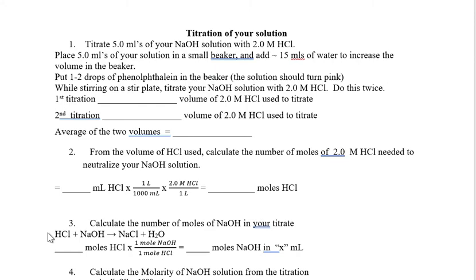All right, so just for an idea of a sample calculation, let's say that it turned out to be 19 mils exactly. And keep in mind, I used a 1 molar solution, so my calculation will be a little different.